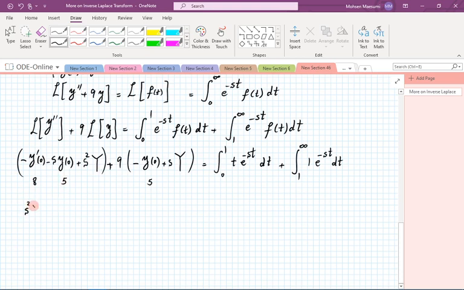This became s squared Y minus 5 y0, minus s times y0, so that's minus 5s. My handwriting is becoming dangerous here because 5 and s look like each other, and y prime was 8. Here we have s times Y minus y0 in this problem.